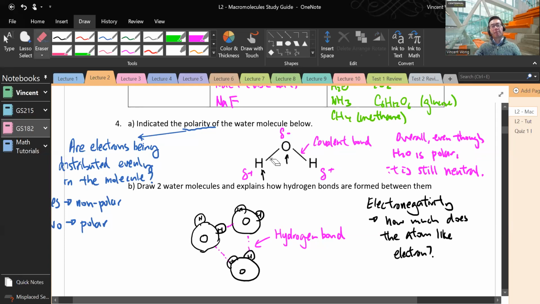For our purpose, what you need to know is this: the water molecule is polar, but still it is neutral. And why is it polar? In the case of water, it is polar because oxygen has higher affinity, higher attraction for electrons than hydrogen.